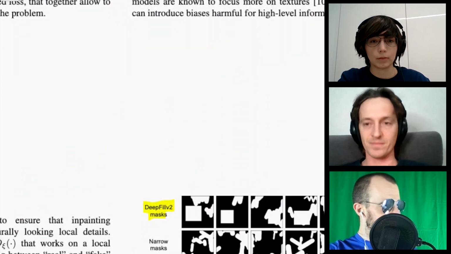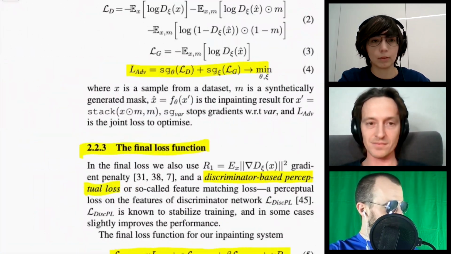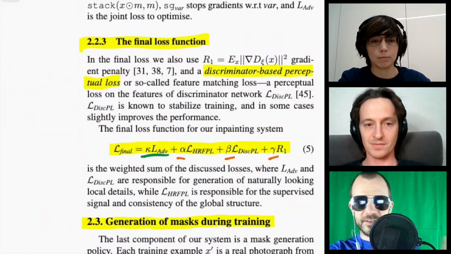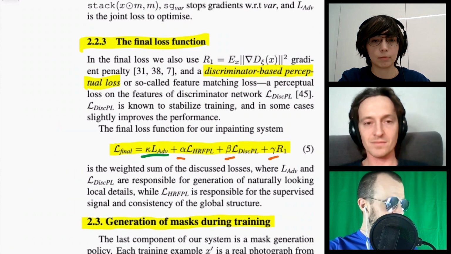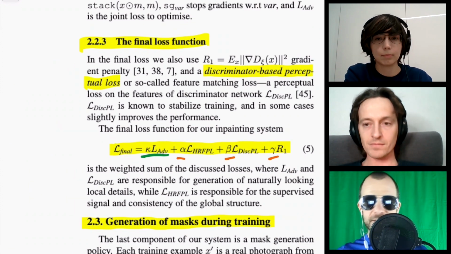Discriminator-based perceptual loss helps the generator to catch up when the discriminator becomes too powerful. Yeah, that makes sense. And then you have a regularizer on the gradients, and this wide field perceptual loss and so on.